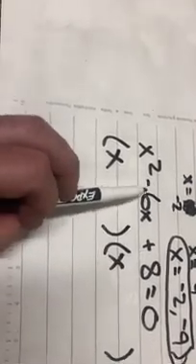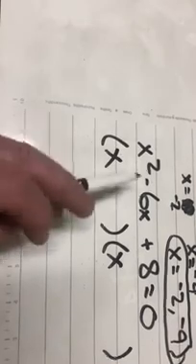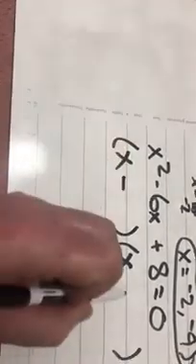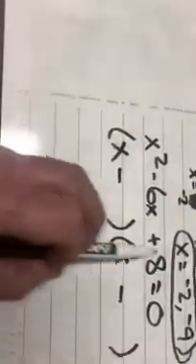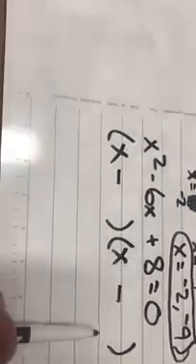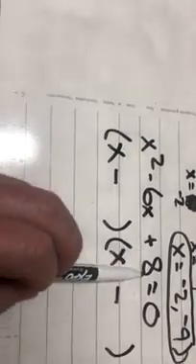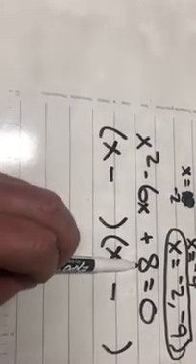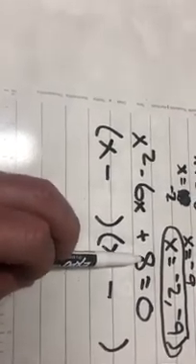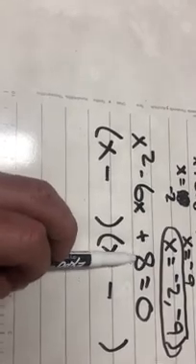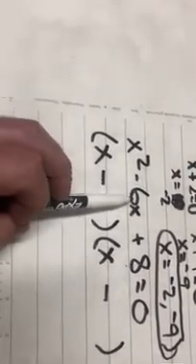So the fact that this is a negative 6 tells me that I'm multiplying two negative numbers together to get a positive 8. Now I've got to think, okay, what two numbers multiplied together equal 8? What two numbers, and it has to be the same two numbers added together, equal 6?